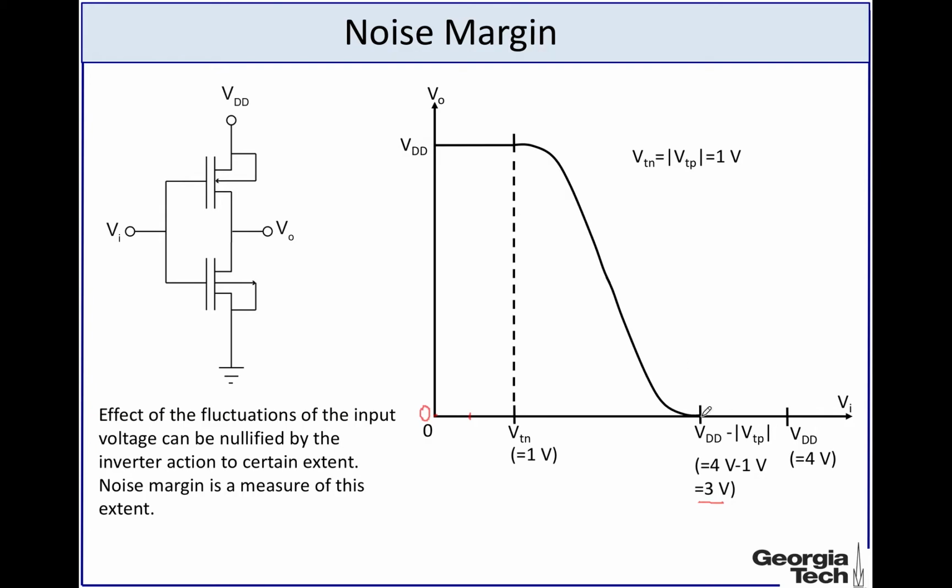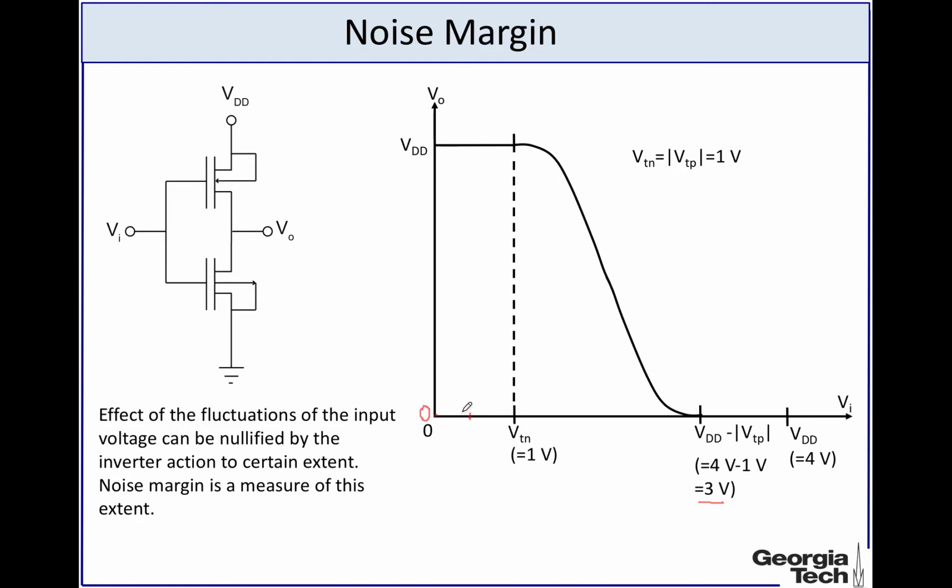Similarly, when the input is supposed to be VDD, but for some reason it's not VDD, rather it's equal to say 3.5 volts or 3.2 volts or 3.75 volts. Basically, when it's supposed to be logic level 1, but the input voltage is for some reason smaller than VDD, even in that case, the output will be equal to voltage level 0, which corresponds to a logic level 0. In other words, even in the presence of some fluctuation in the input voltage, the inverter will operate correctly.